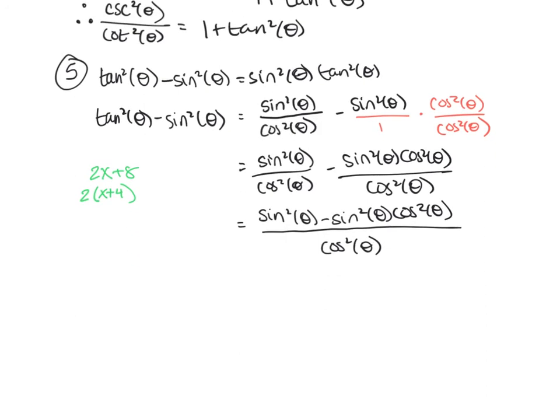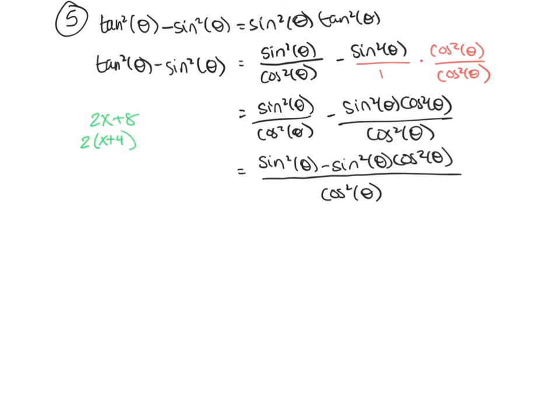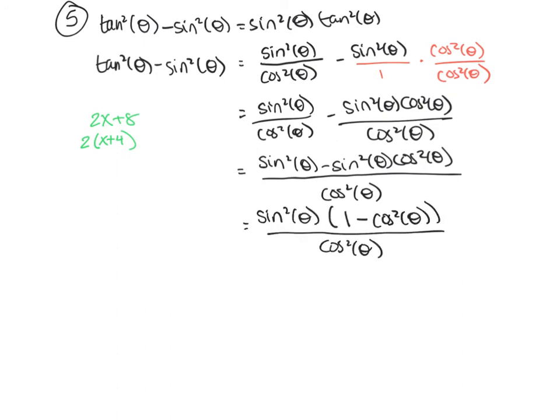So that's what I'm going to factor out. So this is going to be sine squared theta times 1 minus cosine squared theta over cosine squared theta. And we can see that if we were to go backwards and take the sine squared theta and multiply it in here, this is what we would get.